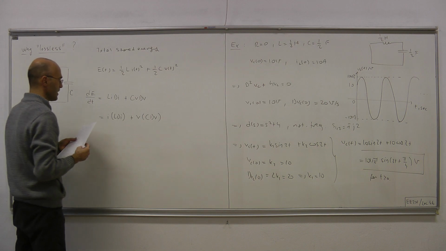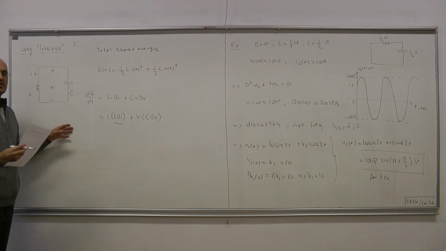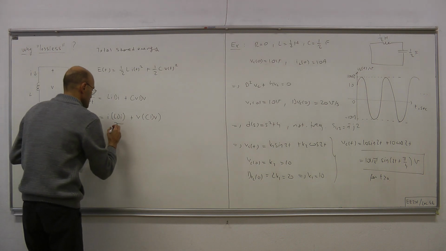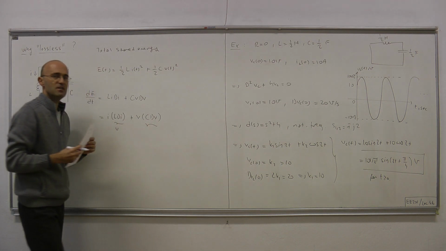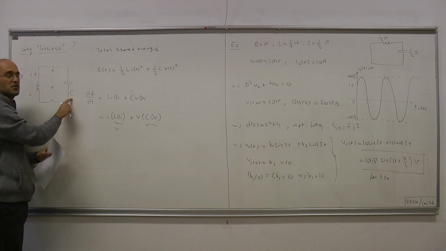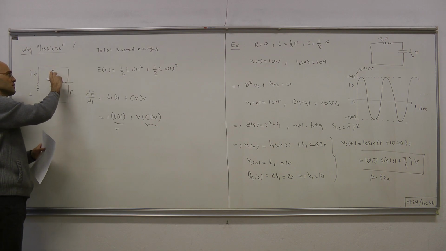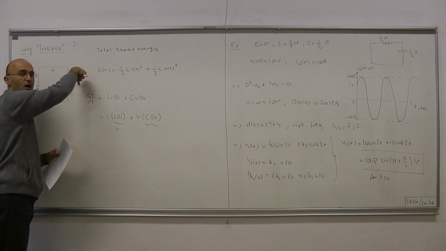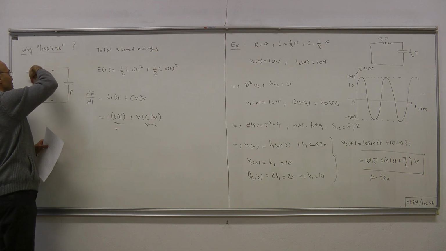Now what's L dI? L dI is the inductor voltage. Inductor voltage is V. So this is V. And how about C dV? C dV is the capacitor current. The capacitor voltage polarity is plus minus like that. Therefore, this is the direction of the capacitor current. And this is the direction of the inductor current.